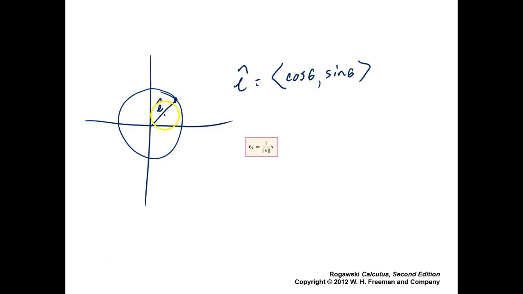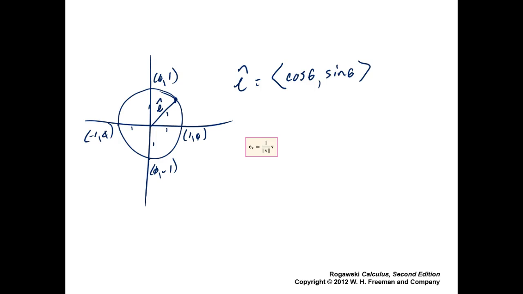This circle has radius 1. So this length is 1, that length is 1, and so on. This point out here is 1, 0. This point up here is 0, 1. This point over here is negative 1, 0. And the point down here would be 0, negative 1.